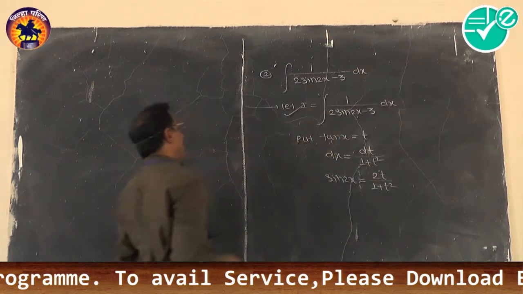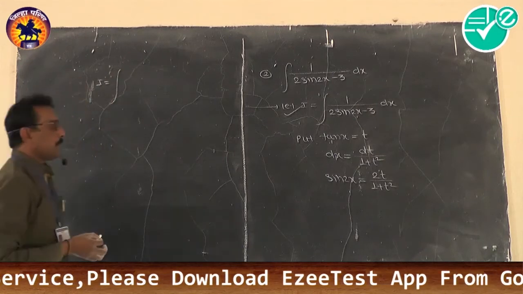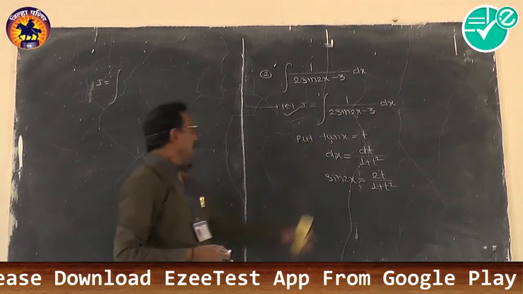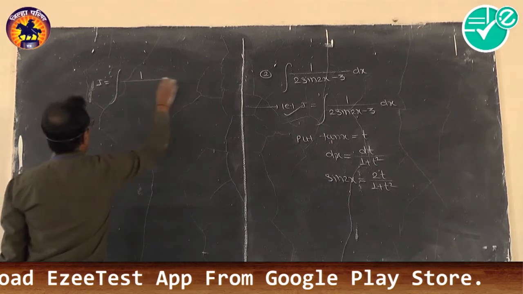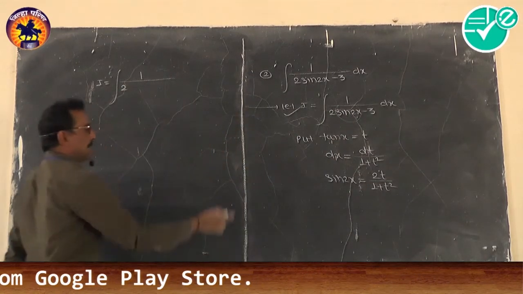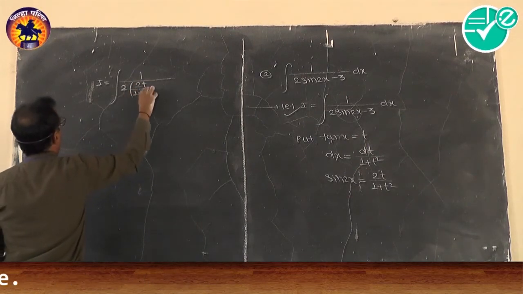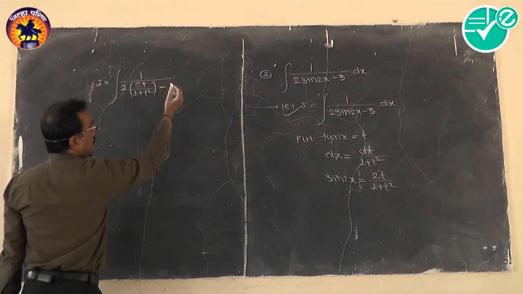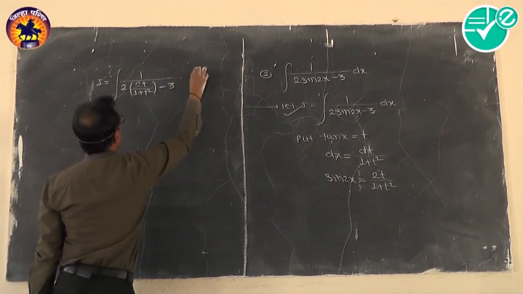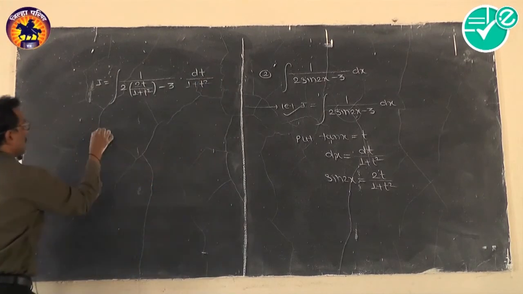Now this capital I becomes, you have to write like this, capital I is equal to 1 upon 2 into, how is sin 2x replaced? Sin 2x is replaced by 2t upon 1 plus t square minus 3, and dx is replaced by dt upon 1 plus t square.